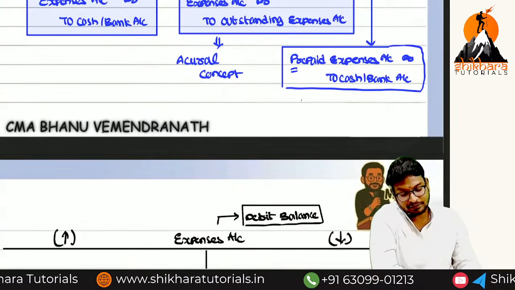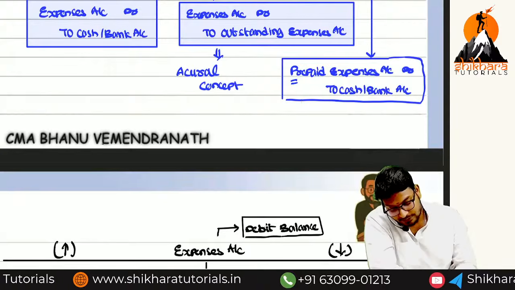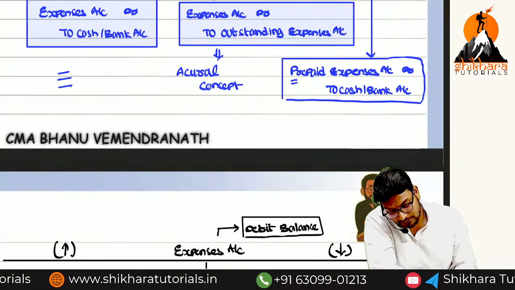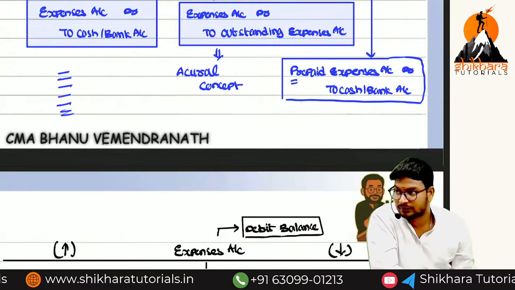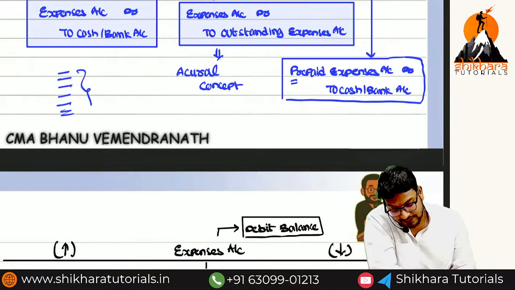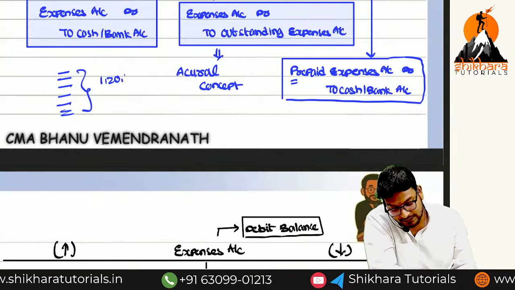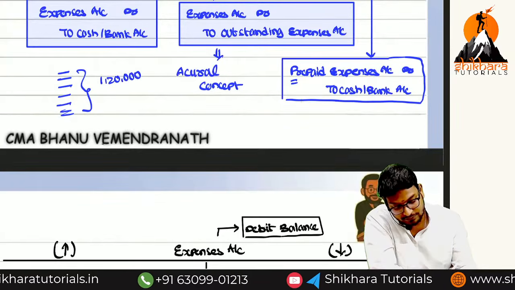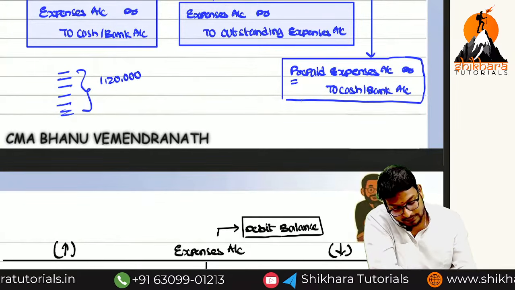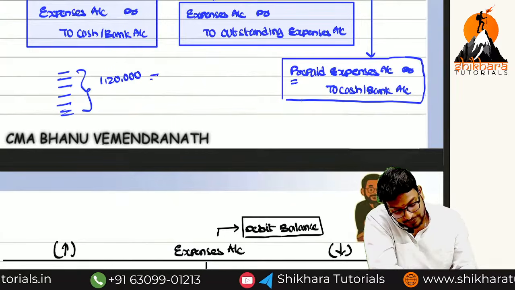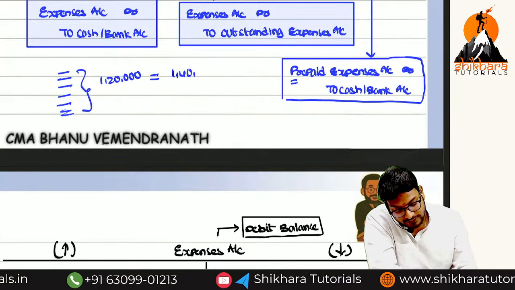So first, we are going to write all the expenses in the expenses account. Okay? Yesterday we took one example. What was that example, ma? Our current year rent is only 1,20,000, but how much have we paid, ma? 1,40,000.